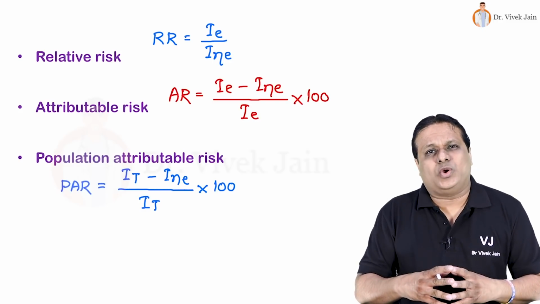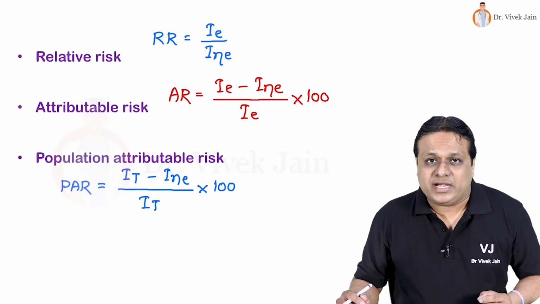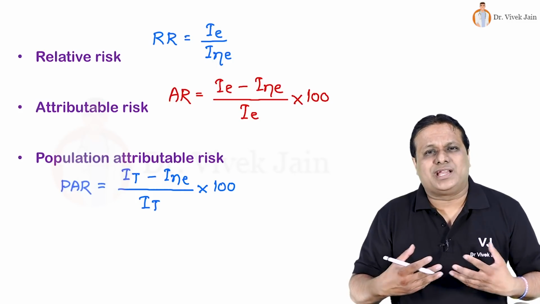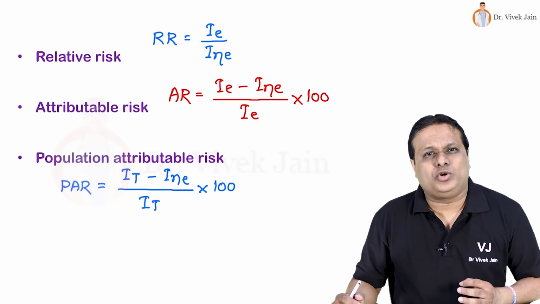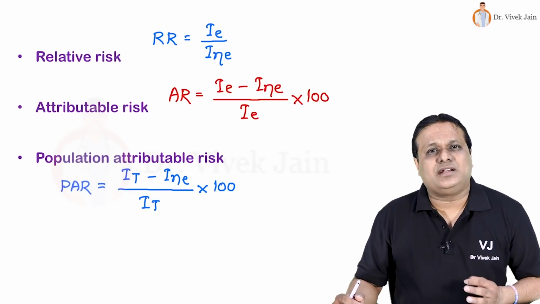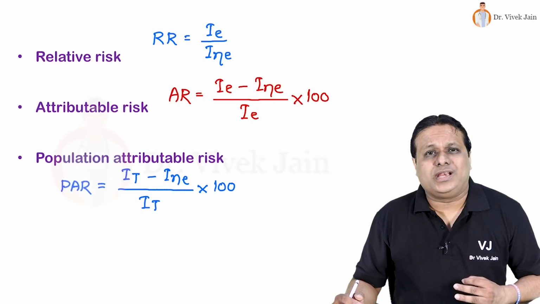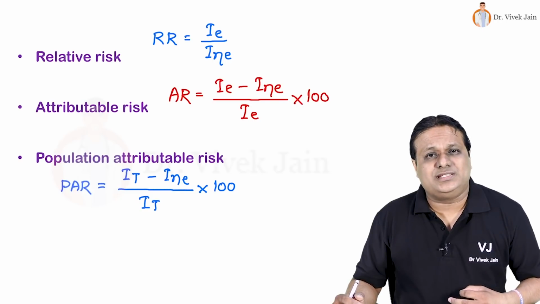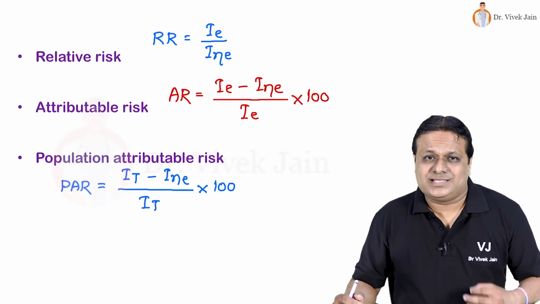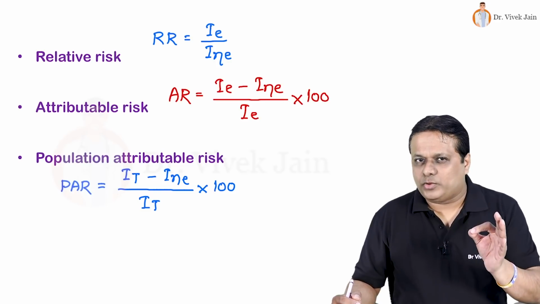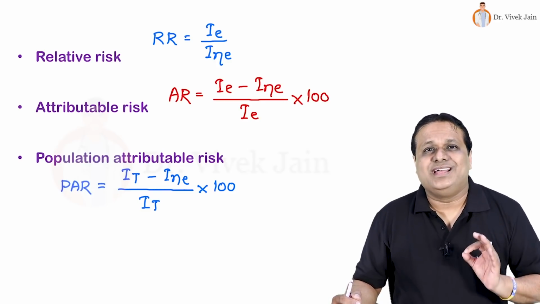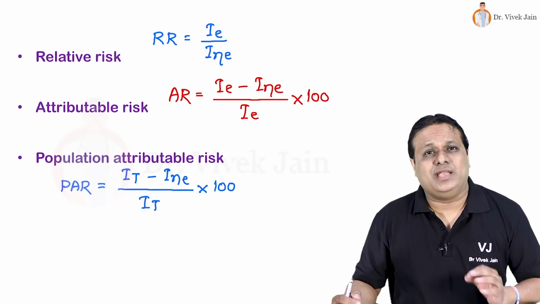It is also expressed as percentage just like attributable risk. And what is the interpretation of population attributable risk? If the risk factor under study is modified or eliminated, how much annual reduction in incidence of the disease is expected by this intervention? And just a small point, relative risk is also known as risk ratio. It is a type of ratio.